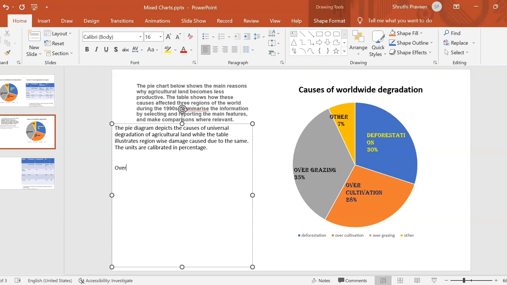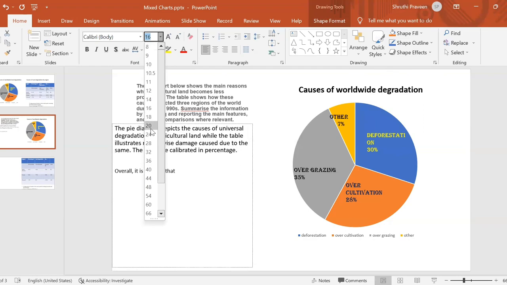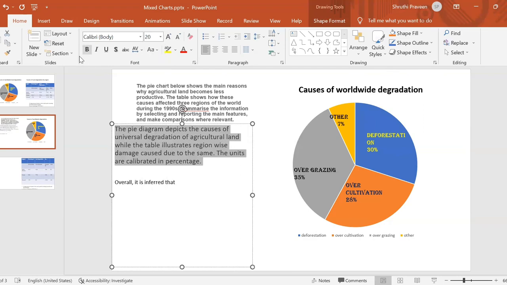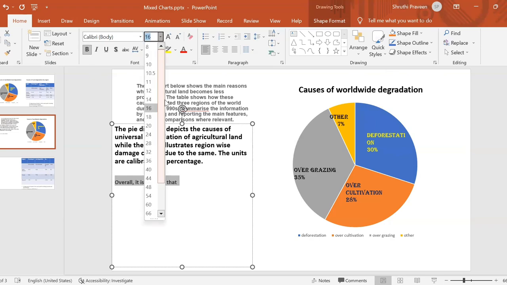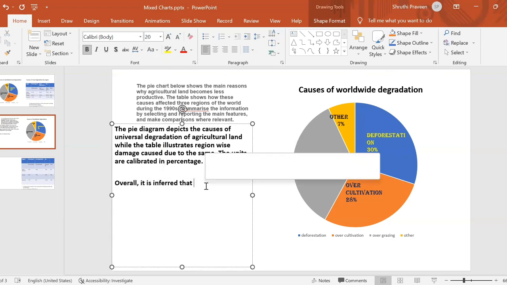Now my overview. Overall, it is inferred that, okay, now let me look at the pie chart. Please increase the font so that it's visible.